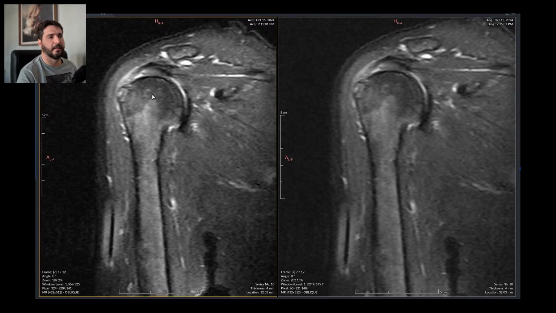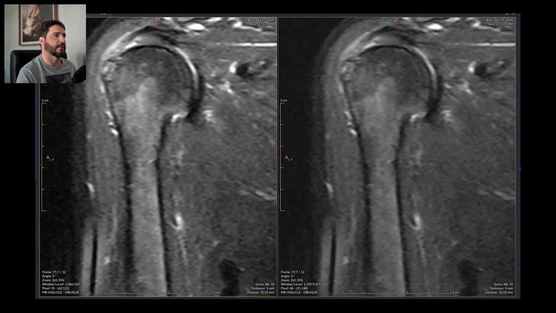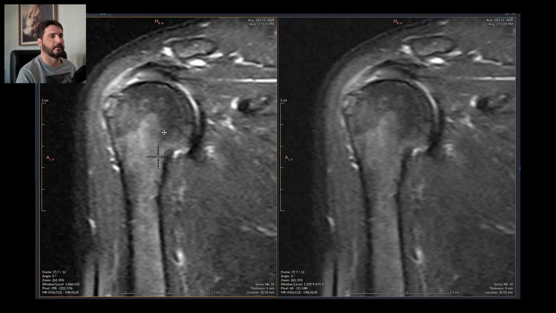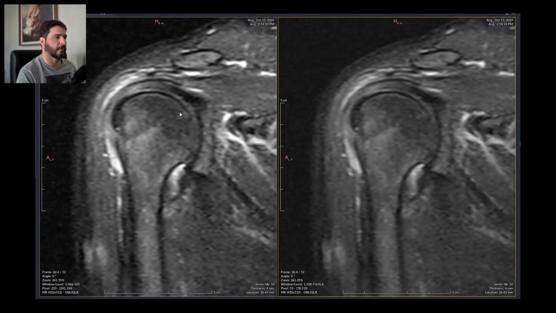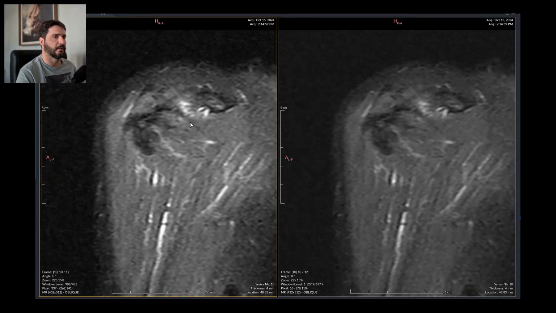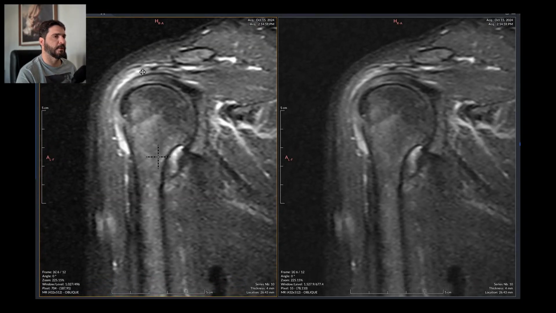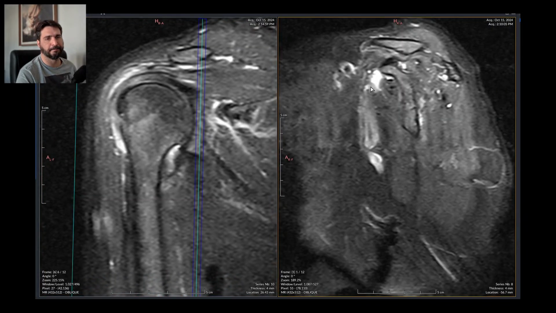It's all right. So I'm going to boost this with zoom, just some zoom, and this is a coronal PD, proton density image with fat saturation.